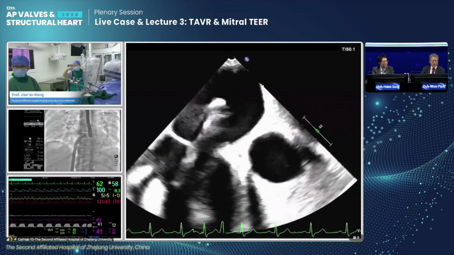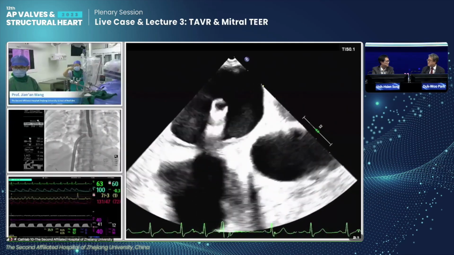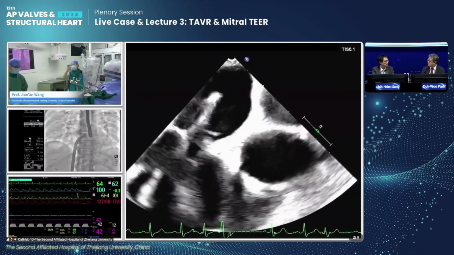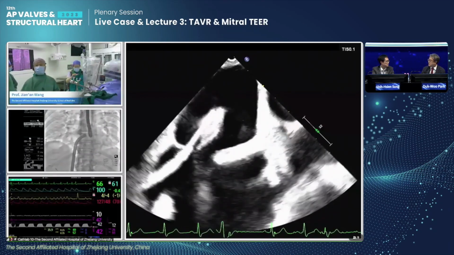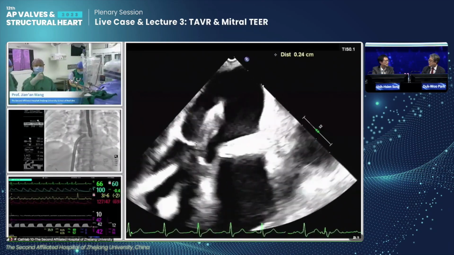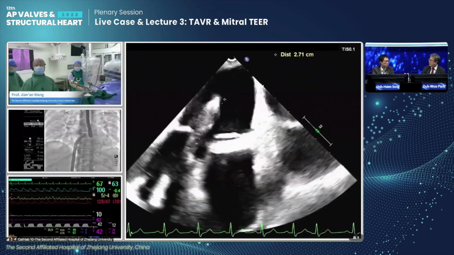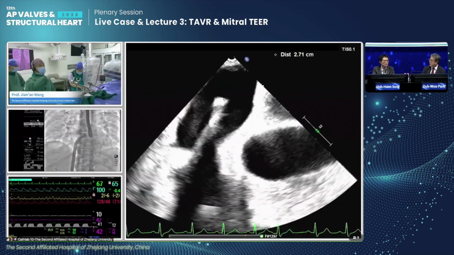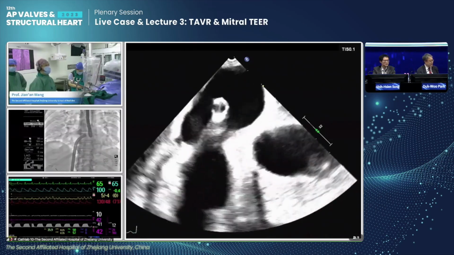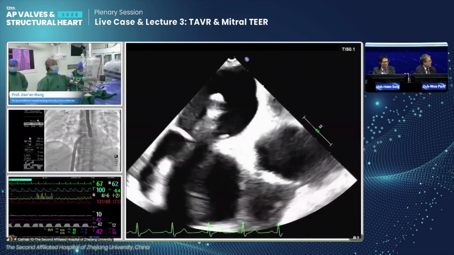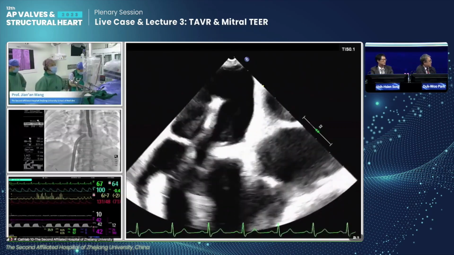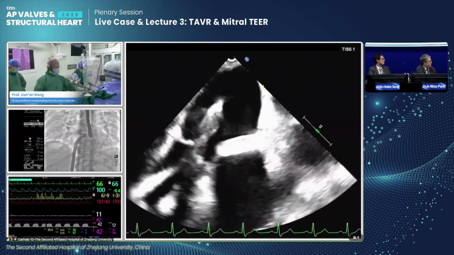Yes. Personally, I also prefer the balloon-expandable valve given that we are able to control the expansion and oversize percentage and to avoid rupture. Absolutely. And we would like to get as good a result as possible. So how about Northwestern, for calcified bicuspid valve, which device and what is your strategy?